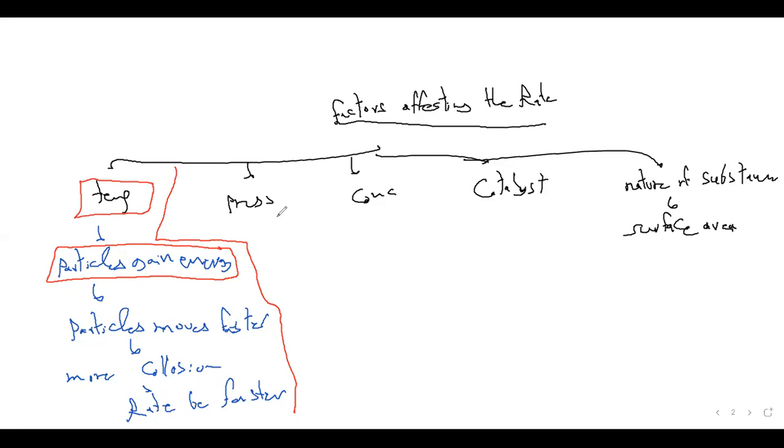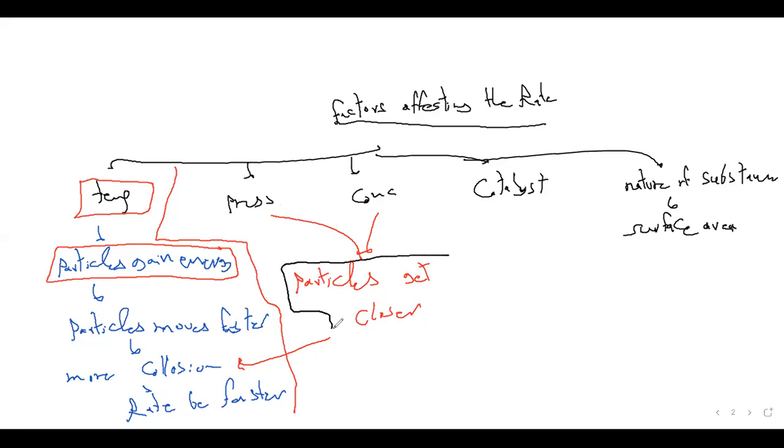In pressure and concentration, we can say that particles get closer, and then more collisions and the rate will be faster. Why do particles get closer? By increasing pressure, we decrease the volume, because pressure and volume are inversely proportional.